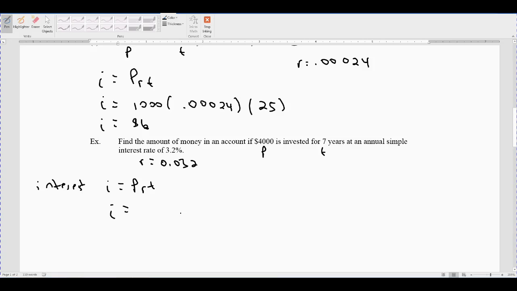So we have I equals 4,000 times our R, which is 0.032, and our T is 7.